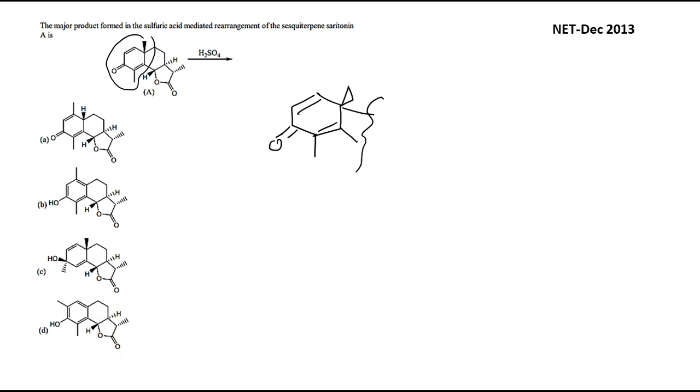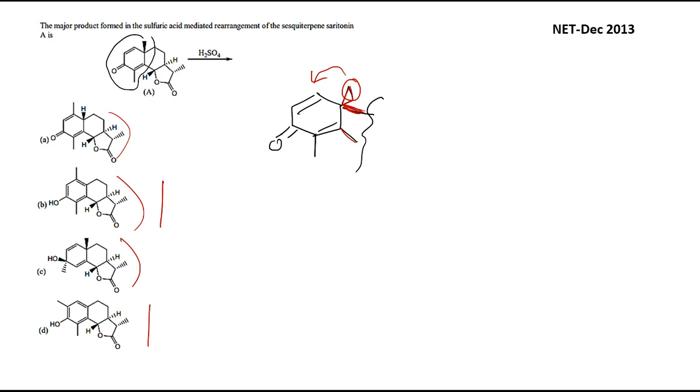If you look at the options, in this part there is no change. Now as it is dienone phenol rearrangement, the final structure will be a phenol. So if it is phenol, then option D or option B, any of these will be correct. Now among these two groups, obviously this will be migrating to this position, that is meta with respect to C=O, because this part has no change.